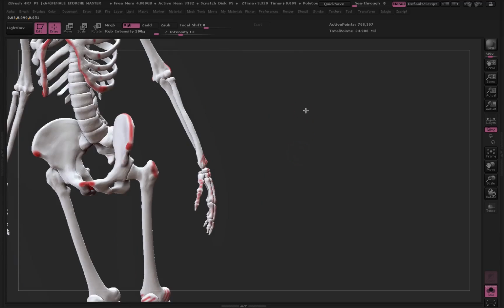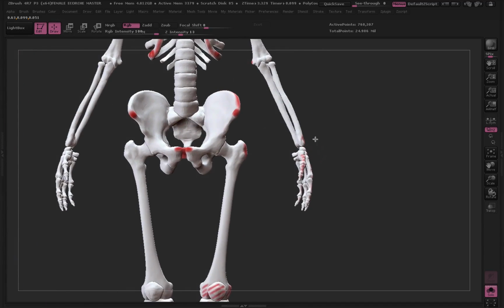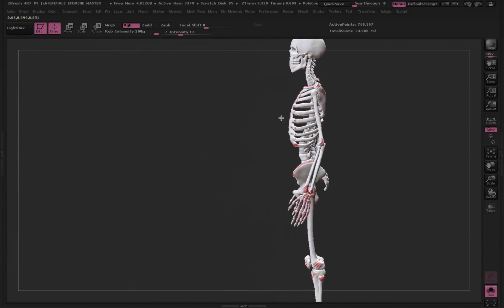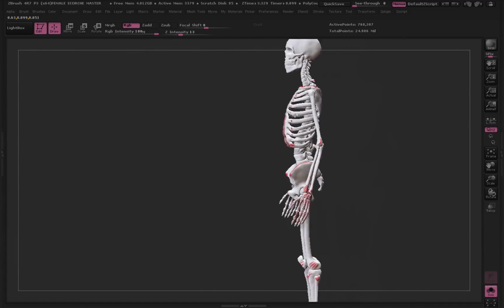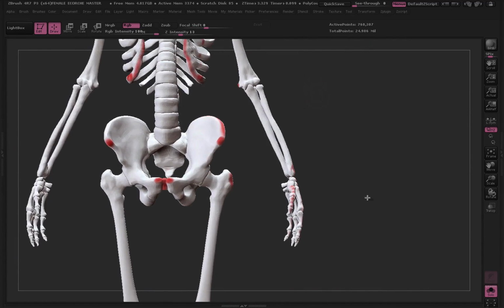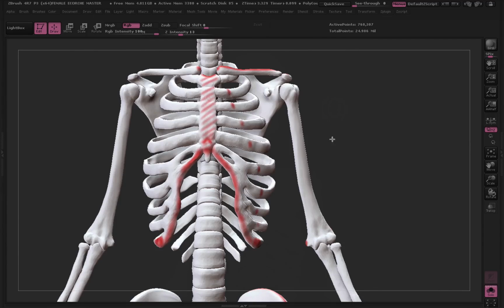Like the foot, the undersurface of the hand is a fleshy, fatty kind of set of forms. Finally, let's look at the head.